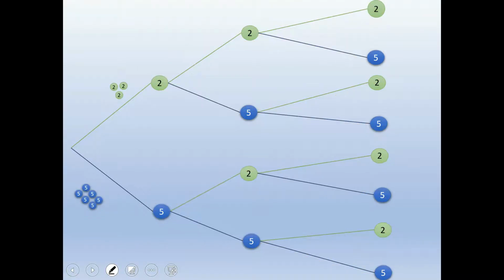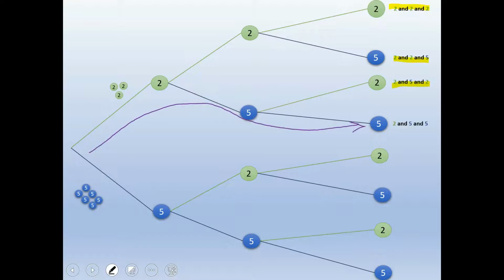Now, if we go in this direction, the first outcome will be 2 and 2 and 2. Or if we go in this direction, the second outcome will be 2 and 2 and then 5. Or if we go in that direction, it could be 2 first and then 5 and then 2. Next one is going to be 2 and then 5 and then 5.